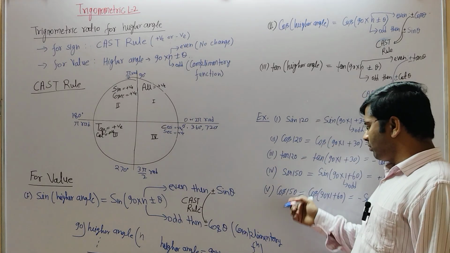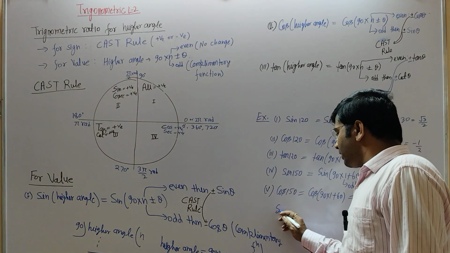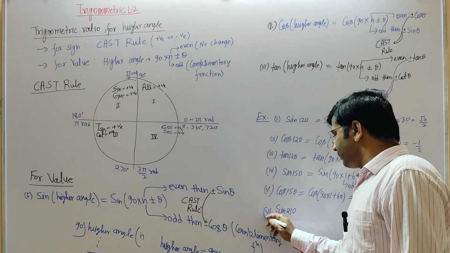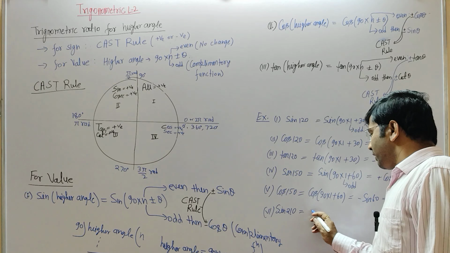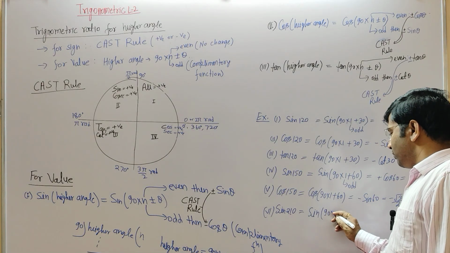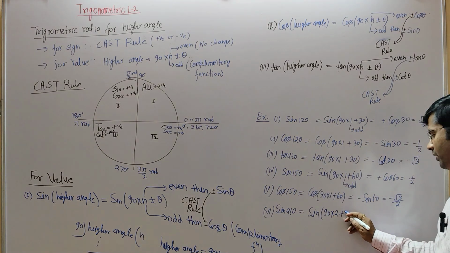Okay, so we can write some more angles, let's say sine 210. Sine 210 is 90 into 2, that is 180, plus 30.